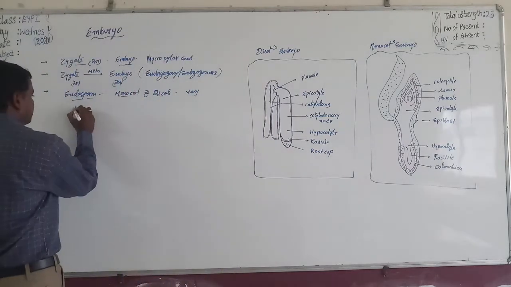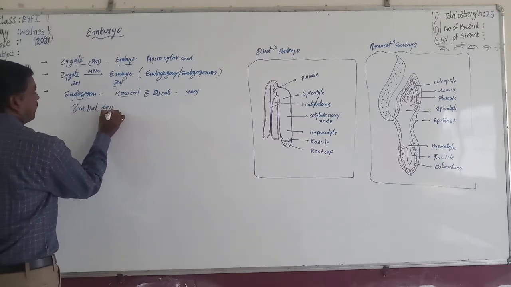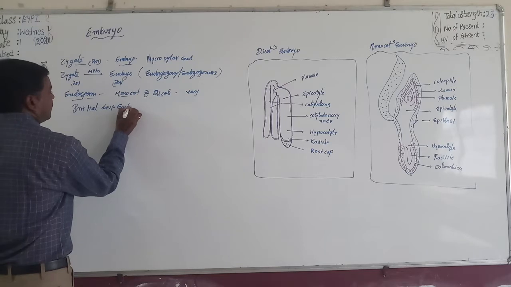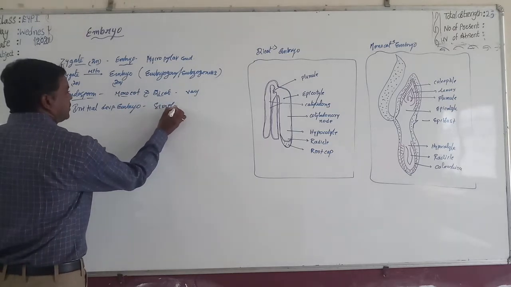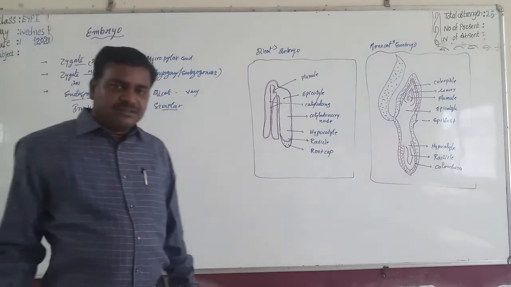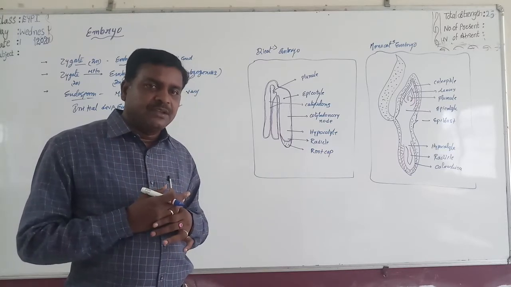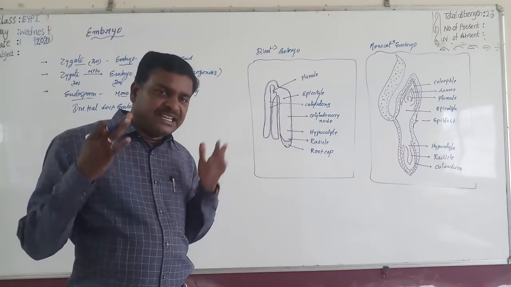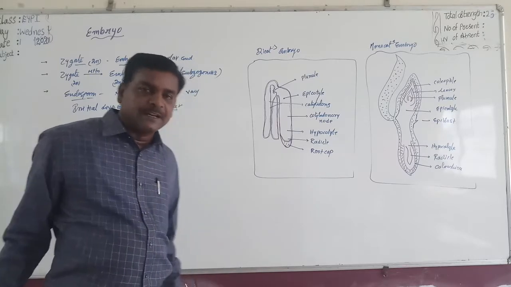Initial development is very important. Even though some differences are present between dicot and monocot seeds, the development of the embryo inside them is initially similar.